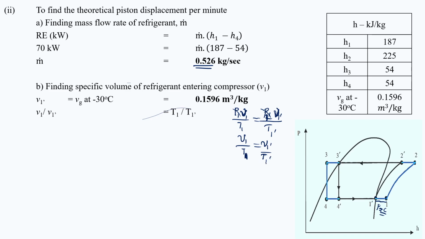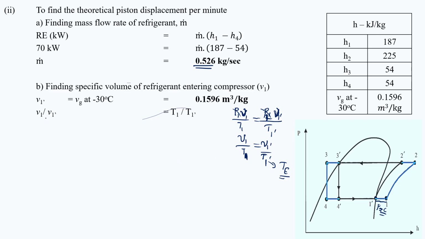Also here T1 dash is nothing but our evaporator temperature in Kelvin, and T1 is the evaporator temperature plus 5 degrees Celsius, converted to Kelvin.